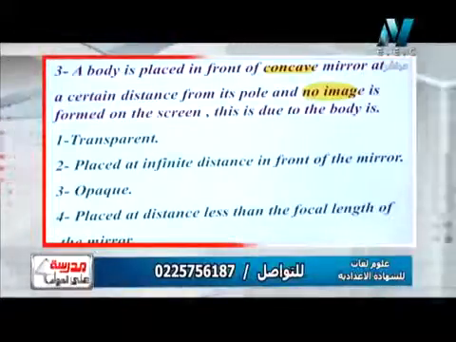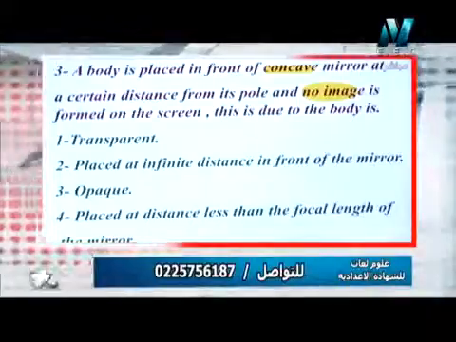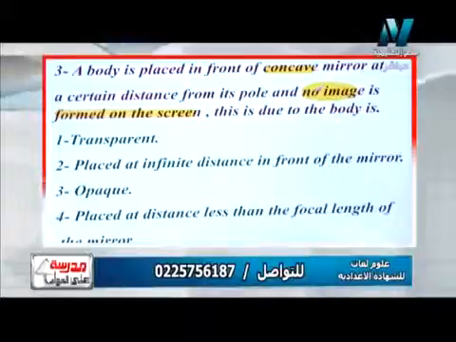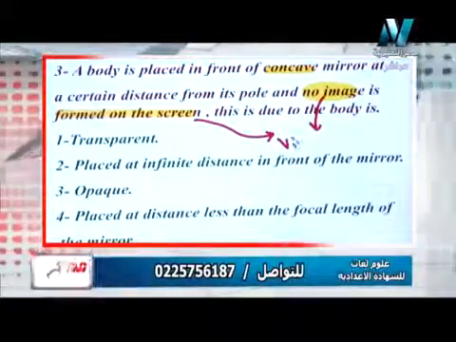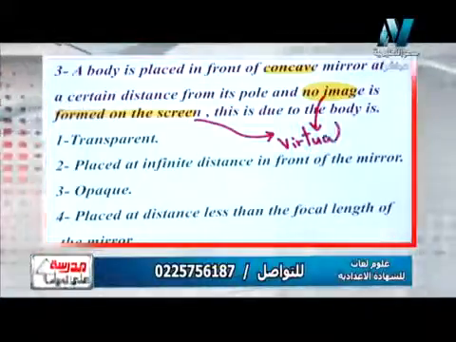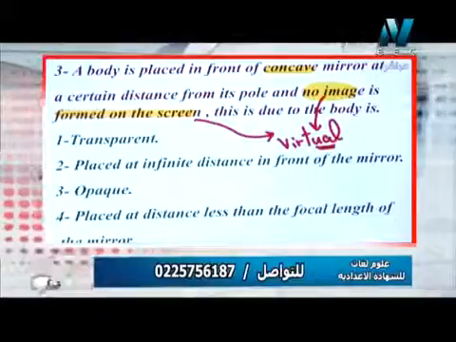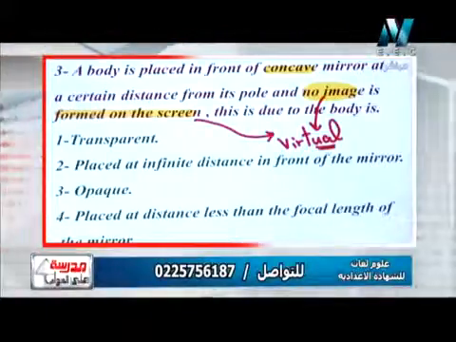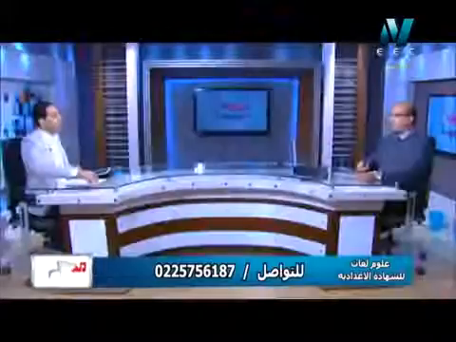No image يعني ايه؟ يعني مفيش image formed on screen. No image on screen معناها انه virtual. Virtual which means the body is placed at distance less than focal length. يبقى الانسر عندي هتبقى نمبر 4.